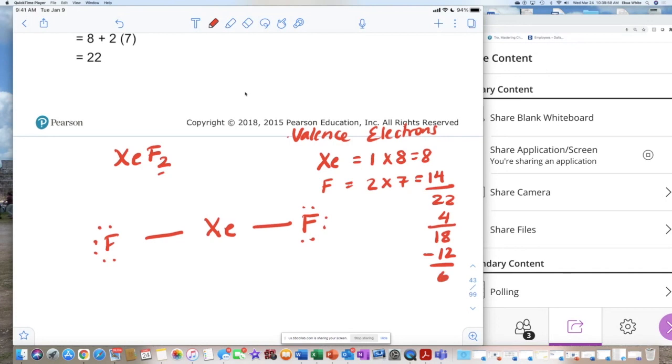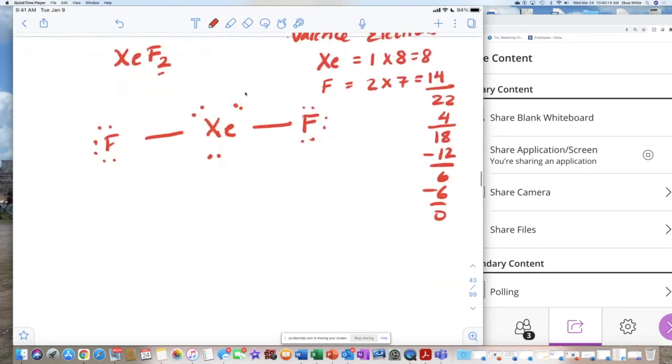Okay, now the rule says once the outer elements have an octet, then whatever's left over, dump it on the central one. It doesn't really use the word dump, but you know what I mean. You have to put them in pairs though. So 1, 2, I've got 6, 3, 4, 5, 6. Minus 6, I'm at 0. Okay, so let me check to see if I have an octet.